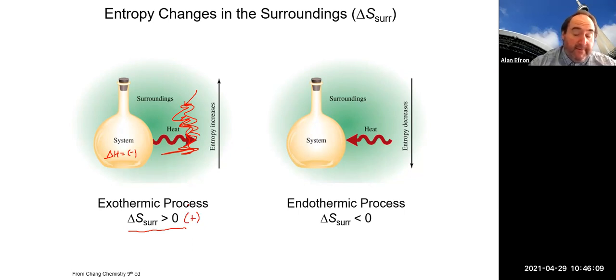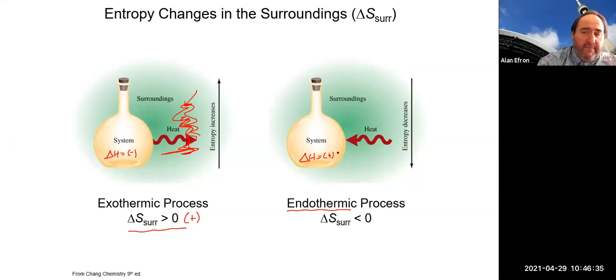What happens if we have sort of the opposite here, which is an endothermic process? Here our delta H is positive. The system in this case is actually going to pick up all the energy from the surroundings, or some of the energy from the surroundings. What is that effect in terms of the surroundings and its delta S?